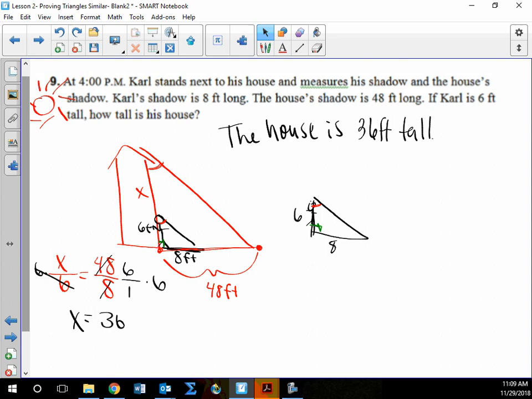For us, because the sun is so far away, it does not impact our scenario. It would be like 36.0000000 something, which would make more sense. But you're correct with that.